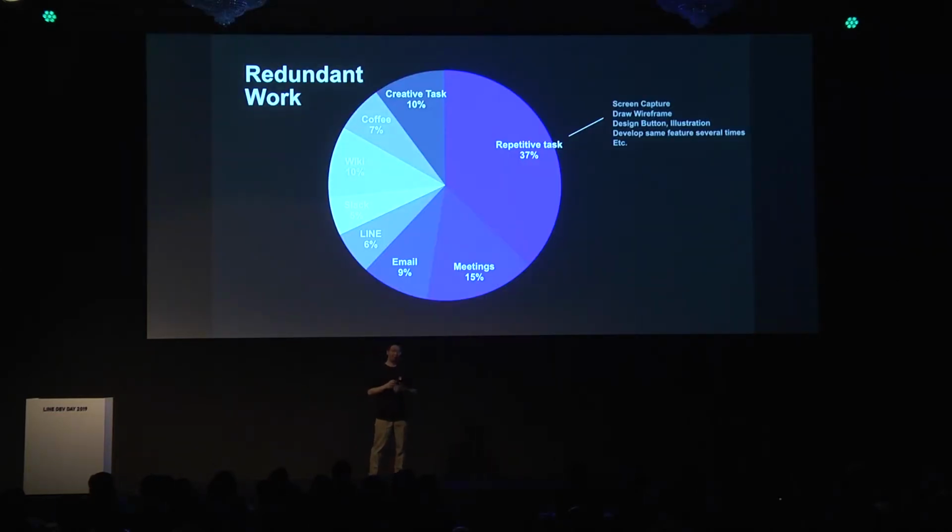So surprisingly, what we found as a result is something like this. We found that there is sometimes too much redundant work in our daily life. For example, screen capture, drawing wireframes, and designing buttons and illustrations, which are exactly the same objects, several times.